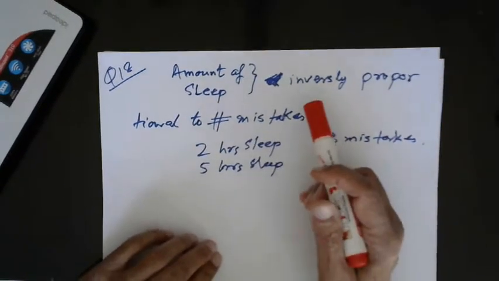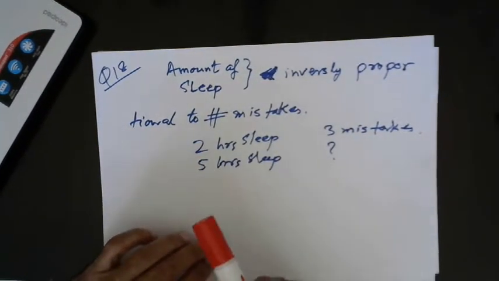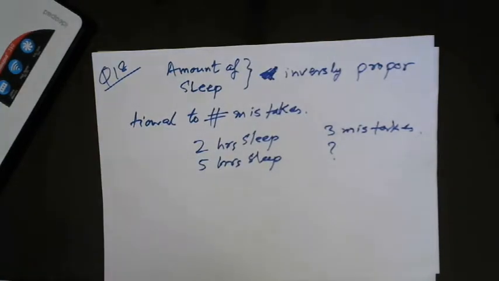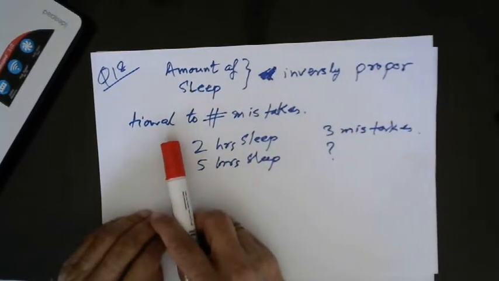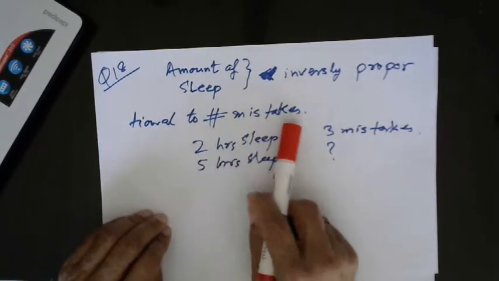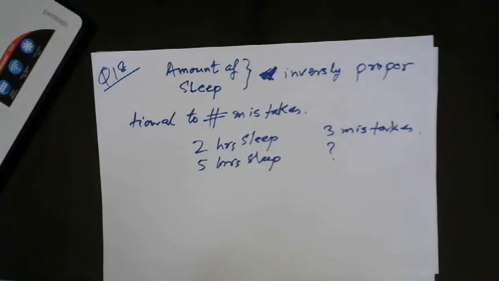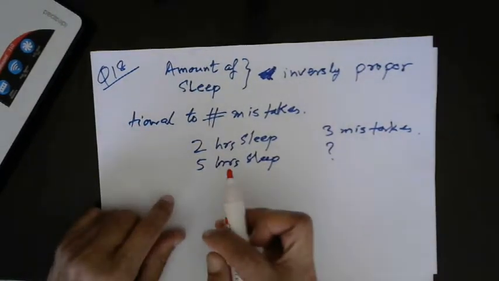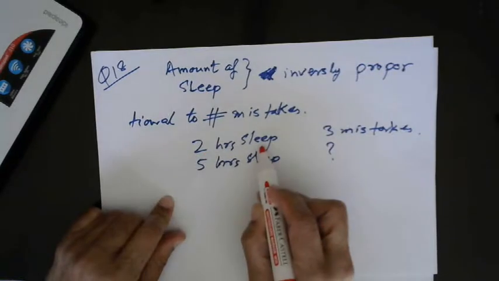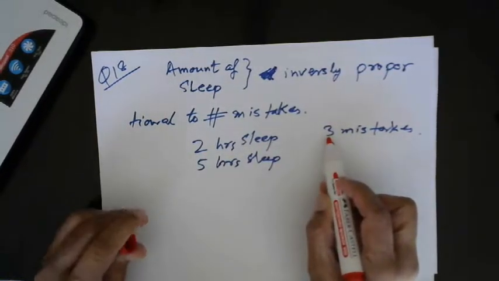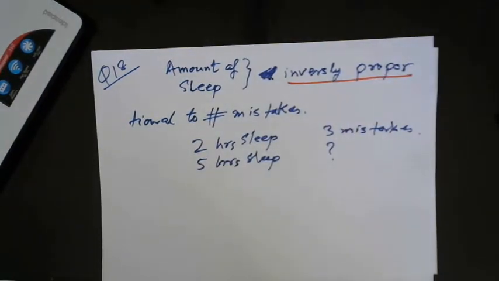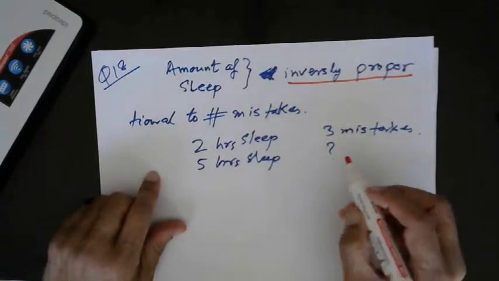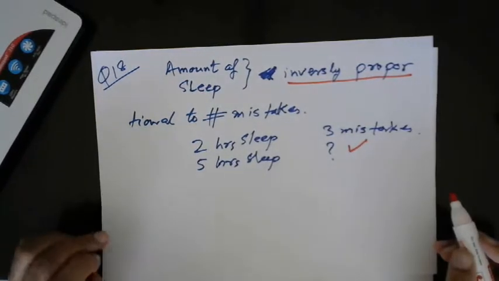An experimenter is doing an experiment where she finds that the amount of time mice sleep is inversely proportional to the number of mistakes they make. If they sleep for 2 hours, they make 3 mistakes. By the way, this is inversely proportional. If they sleep for 5 hours, how many mistakes are expected?